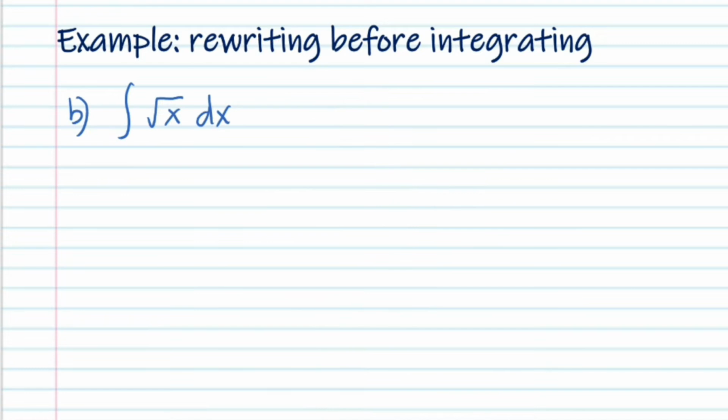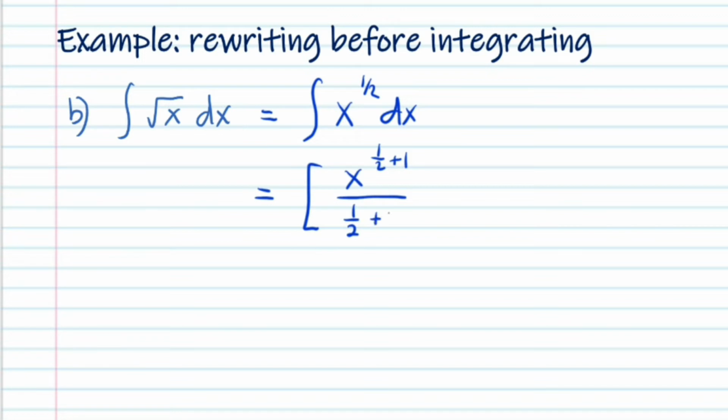Another example, we rewrite this one. So we'll have x to the 1/2 dx, x to the 1/2 plus 1 over 1/2 plus 1.